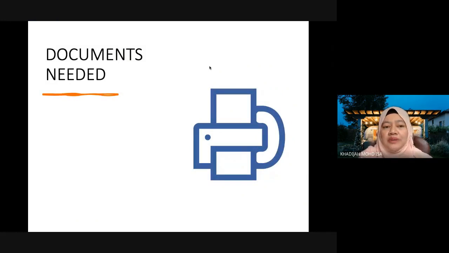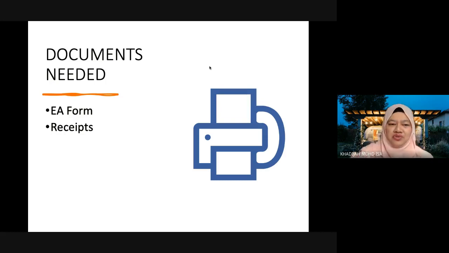So what are the documents that you need in order to prepare for the submission and to submit your returns? Number one is the EA form. So what is an EA form? We'll look into that later. The second one is the receipts. That's why, receipts are not something you collect only when you want to submit your tax return, asking where is the receipt. No, don't do that.